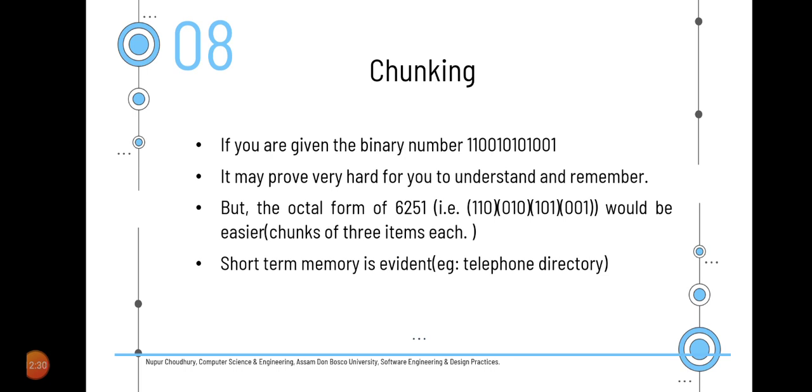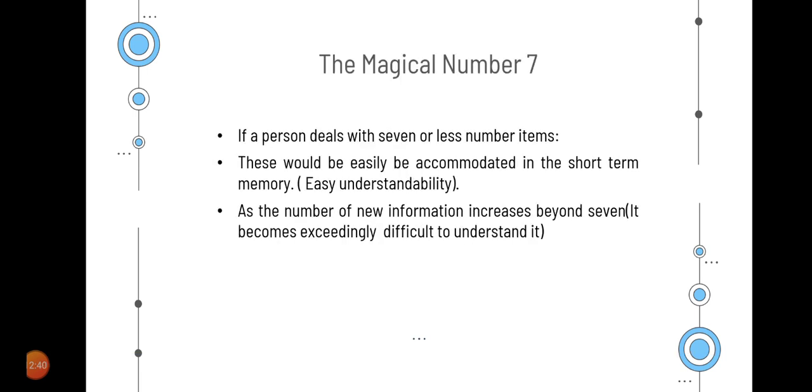This is because of the limitation of the human cognition mechanism, that the short-term memory can hold up to 7 items. Now this is a very interesting concept, the magical number 7. As long as you are able to build relations, it becomes easier to remember until it is less than 7.